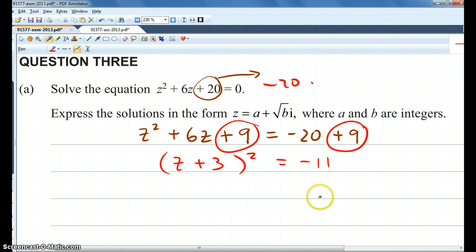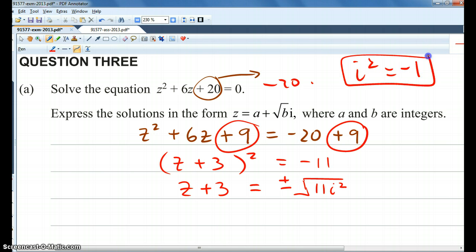That looks right. Okay, so now z plus 3 equals plus or minus the square root of negative 11, otherwise known as 11i squared, because i squared equals negative 1. So I've called negative 11 11i squared because negative 11 is positive 11 times negative 1, and negative 1 is i squared.